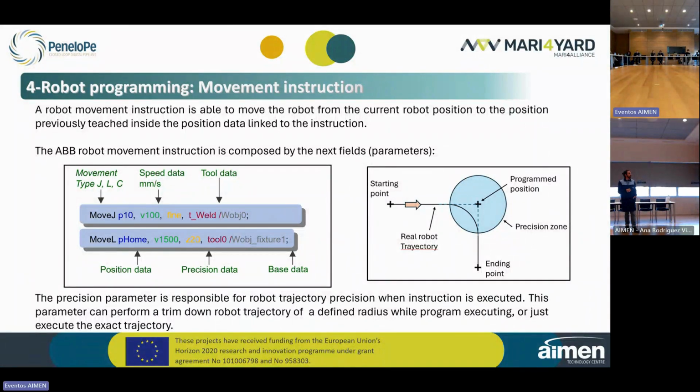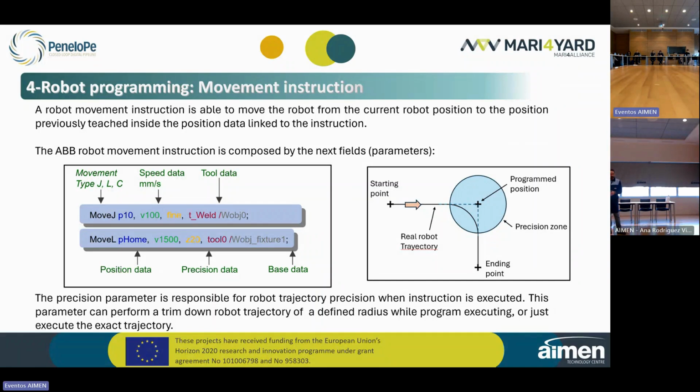It could be a move J or a move L, and depending on this, the robot could move in such a way or try to execute a linear movement. We will see what the meaning of move J is. Move J is the easiest way for the robot to move from one point to another in space without performing a linear movement. It's like it decides which axes have to move to reach one position, but without describing a line in a linear movement.